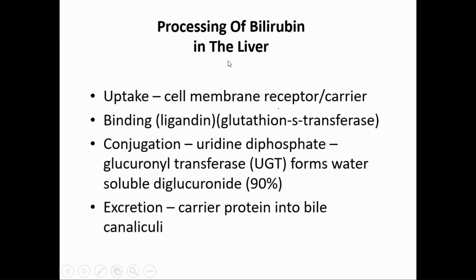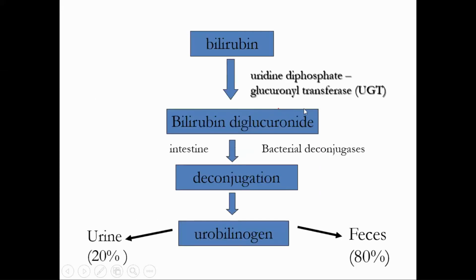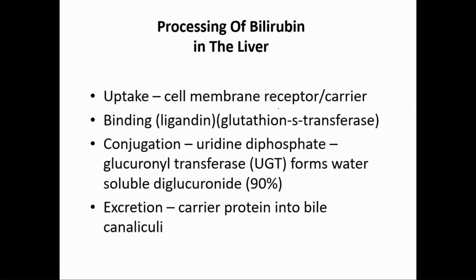So there is uptake of the circulating unconjugated bilirubin by the liver cells, by a cell membrane receptor or carrier protein, which is glutathione S transferase, earlier called ligandine. It transfers the unconjugated bilirubin, which is bound to albumin. So albumin is liberated and the unconjugated bilirubin combines with this and enters the cell. Now it is called glutathione S transferase.